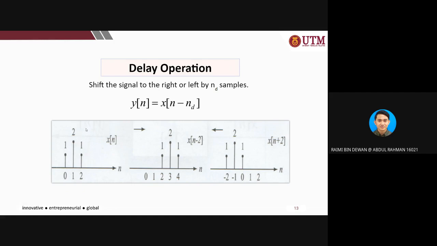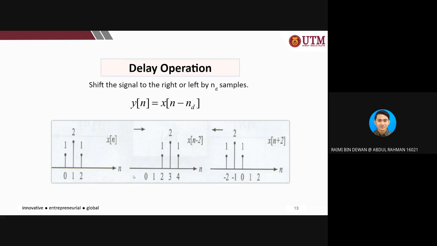So this is your original signal, which is our x[n]. Then you perform the shift, and you have the time shifted, time delay, or time advance. Time shifted or time delay is the same. So you see -2, it means it is delayed by 2.